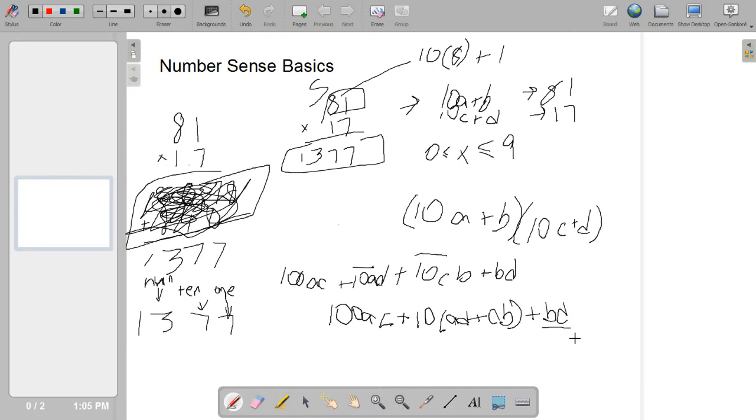Anything extra, like if you multiply b and d and get 11, you carry the 1 and it goes into the tens place. And the same thing from here to here. So this factor means where the number is going to be at.